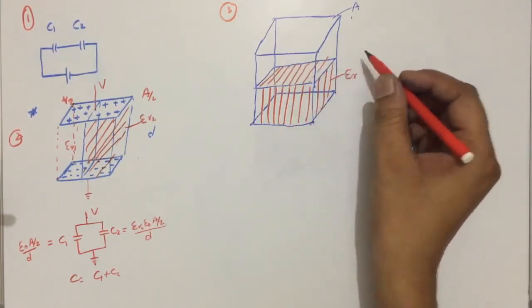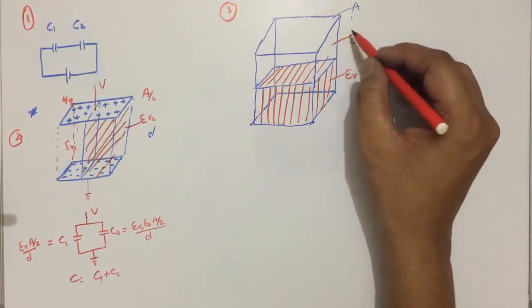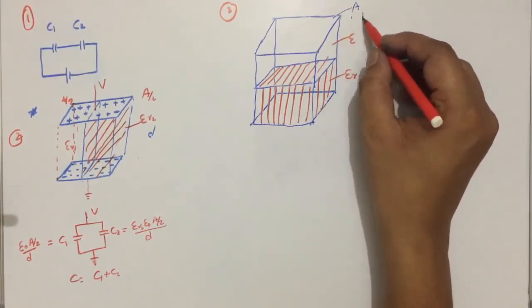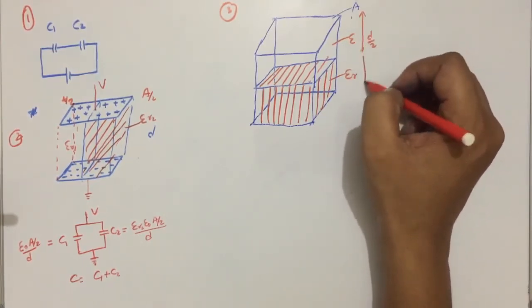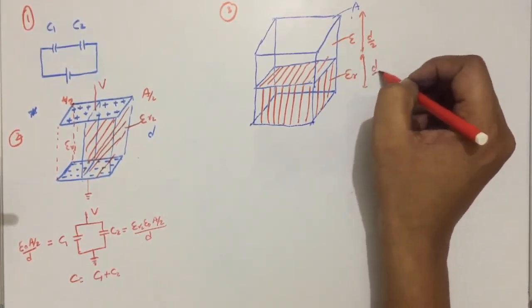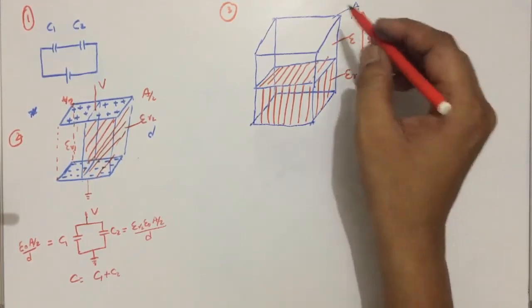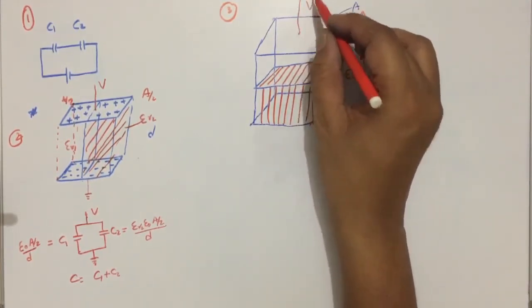This is epsilon R, epsilon, this is D by 2, if full is D, then this is D by 2, and potential is applied here.